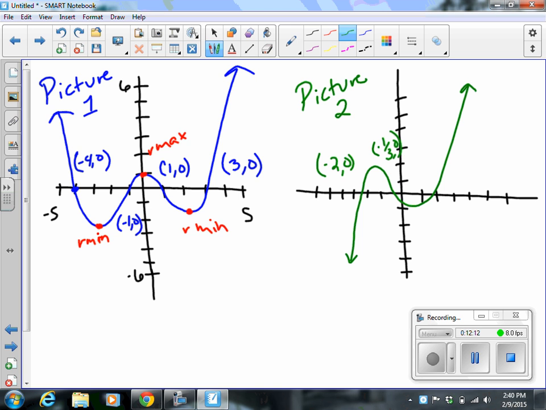And then the last one is not quite 2, but pretty close to it. So I'm going to give it a rough estimate here of 1.75, 0. Those are my roots. I have a relative max and one relative min.